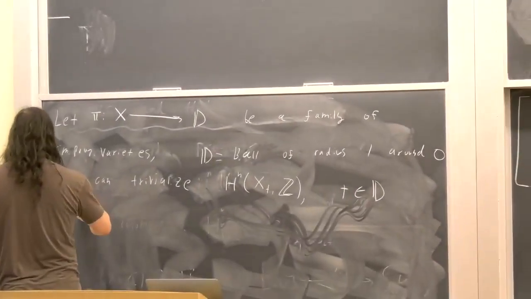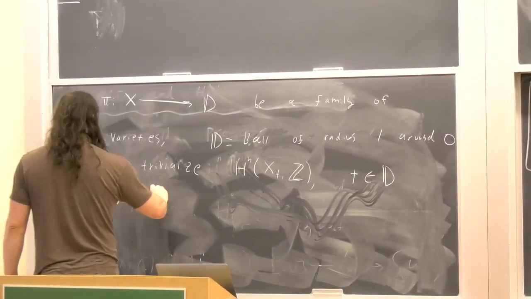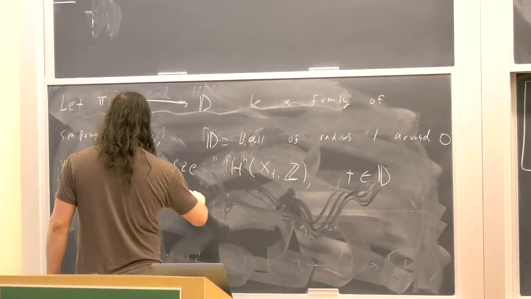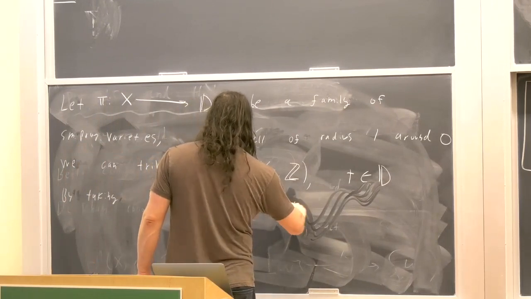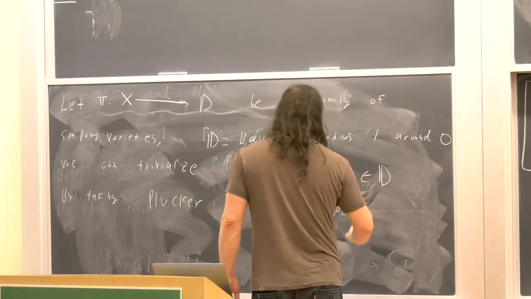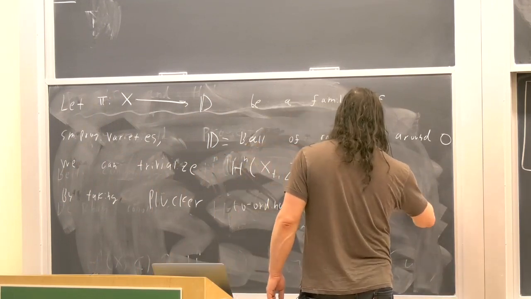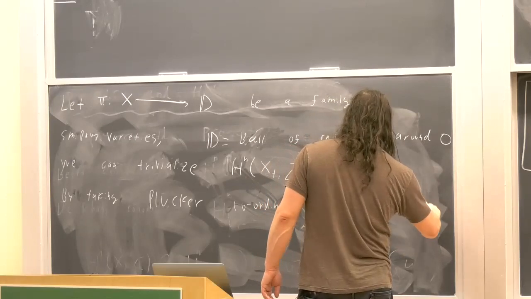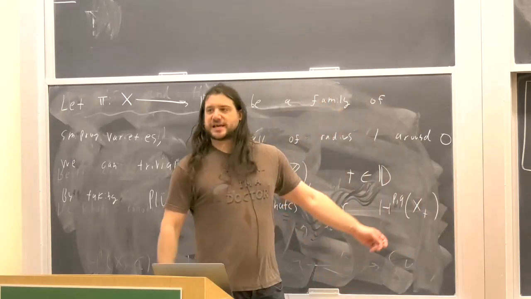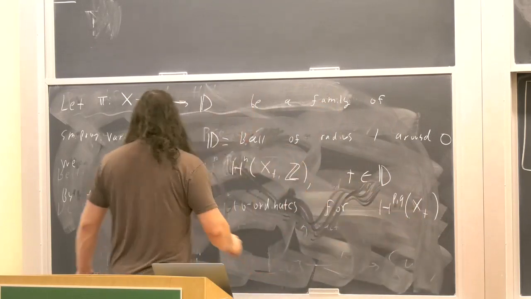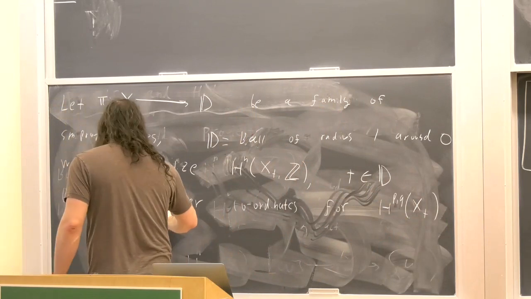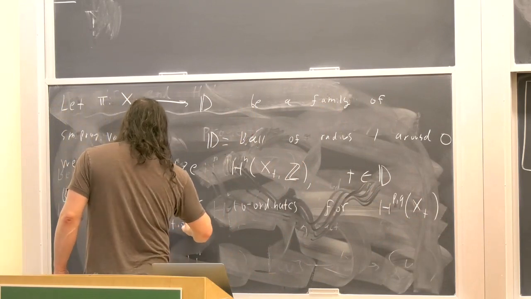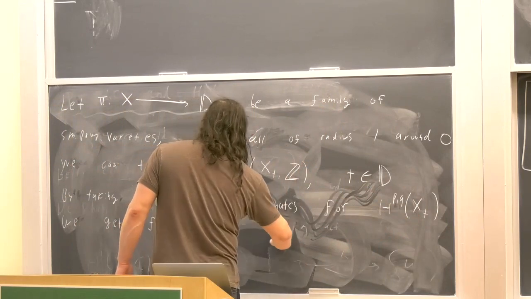So by taking Plucker coordinates for the H^{p,q}s of the fibers of these x sub t as t varies, we get functions, holomorphic, or just functions for now, on our base D.